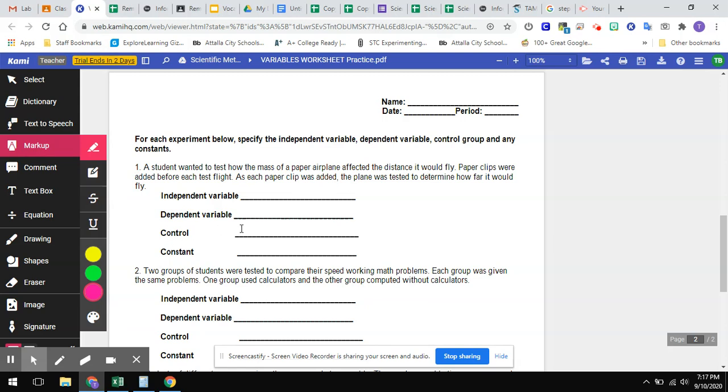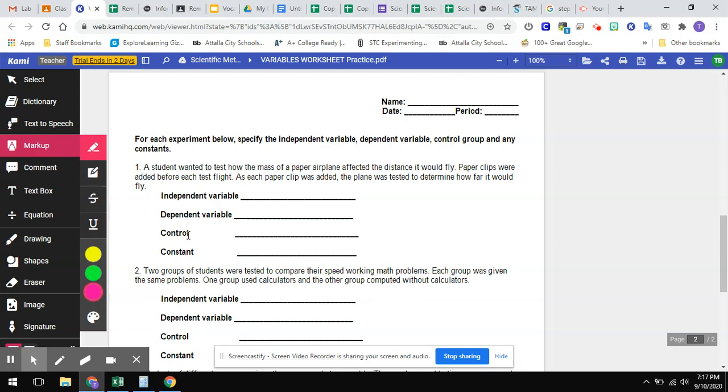So the control, if what we're going to do is add paper clips to the plane to increase its mass, a control would be the paper airplane with no paper clips added. You want it to just be the same.